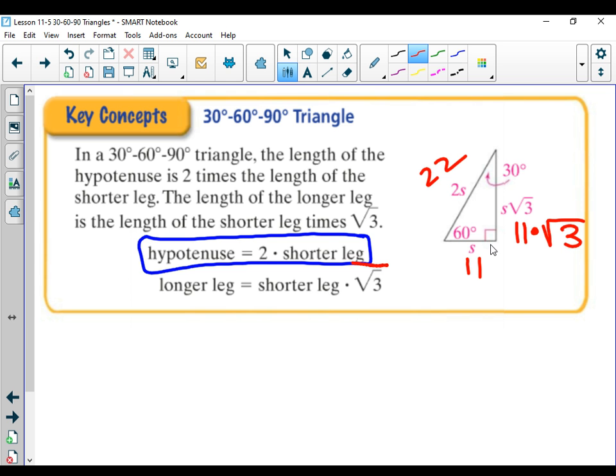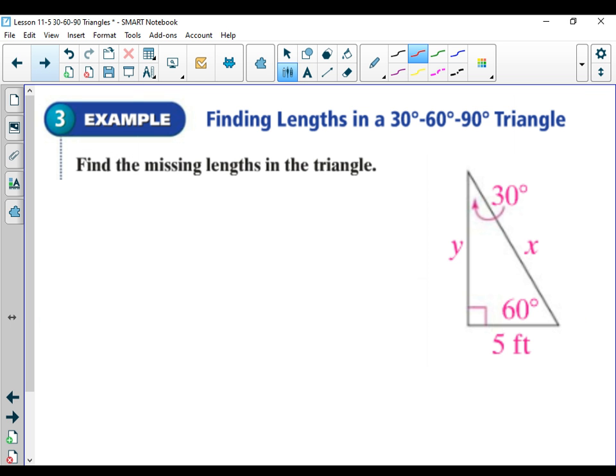Most importantly, did you write those 2 things down? Yep. Okay, first box. I have a short leg, a long leg, and a hypotenuse.